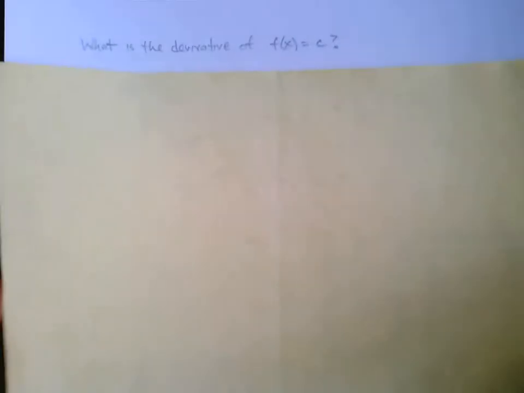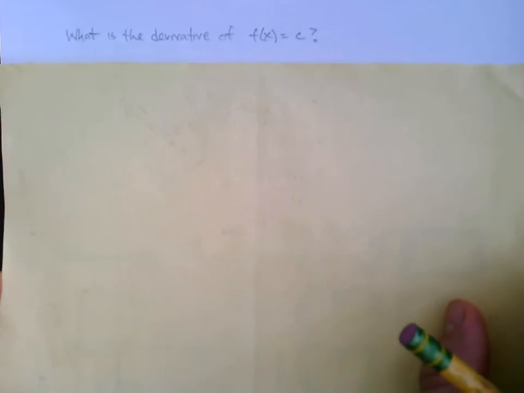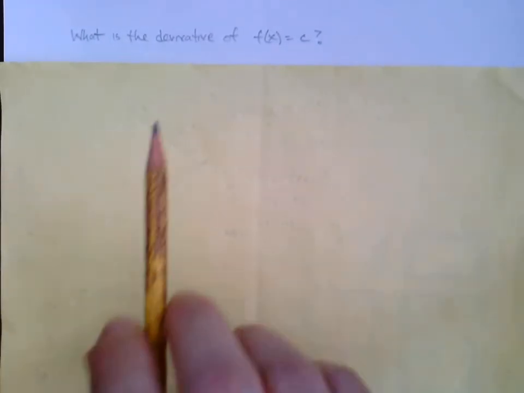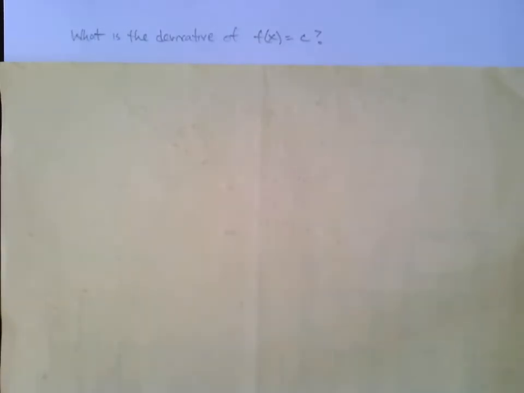Where are we going next? Okay, so we know how to do x raised to any power. But sometimes in polynomials, we see constants, right? So let's look at what is the derivative of f of x equals c, where c is a number or a constant.